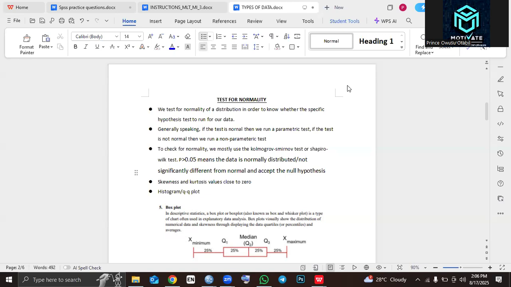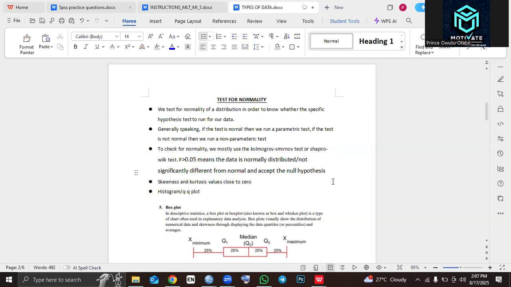But if the p-value is less than 0.05, then it means that the data is not normally distributed. What does this mean? It means that the data is not significantly different from the normal, and then we accept the null hypothesis.